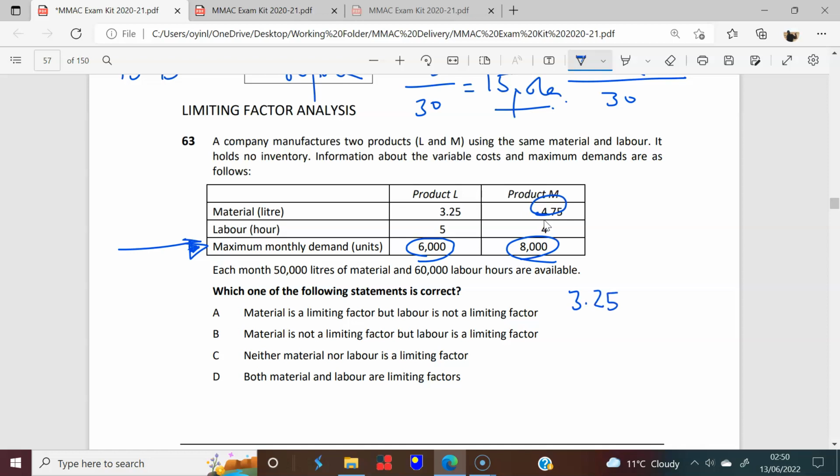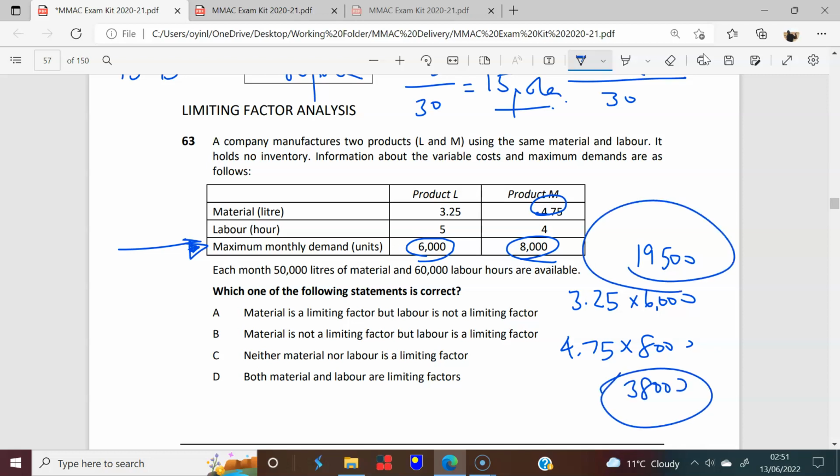So for materials, you will need 3.25 liters per unit times 6,000, and you'd also need 4.75 times 8,000. So 3.25 times 6,000 is 19,500, and 4.75 times 8,000 is 38,000.